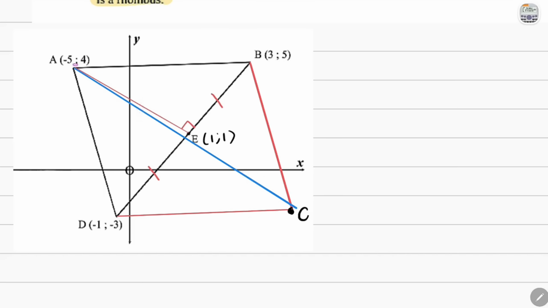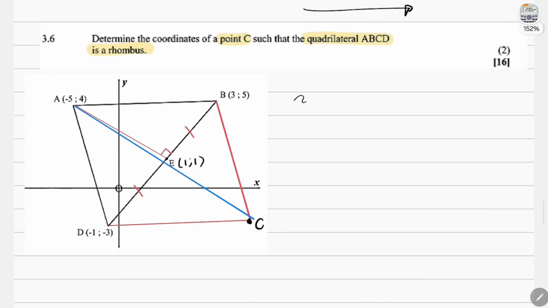And so that would mean AE is equal to EC, making E the midpoint of AC. So since E is the midpoint of AC and also, of course, the midpoint of BD, this is what we're going to state first. So I'm going to use midpoints to do this. I'm going to state that I know that the midpoint of AC is exactly the same as the midpoint of BD because this is a rhombus.